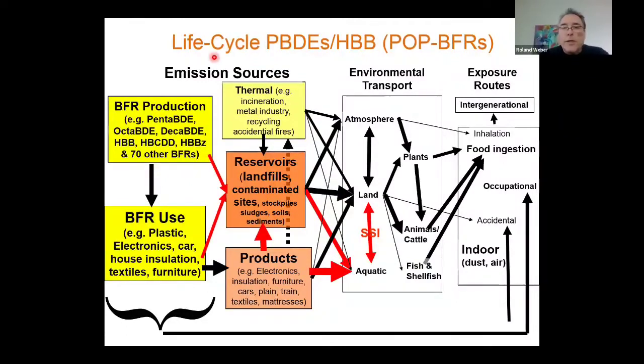Here also the life cycle for the PBDEs, but also the other brominated flame retardants. You have here the production of those chemicals and release reservoirs to landfills, the use in electronics, in the car industry. From there, it goes into products, it goes to the consumer. During the use of these products, they are released to the environment.